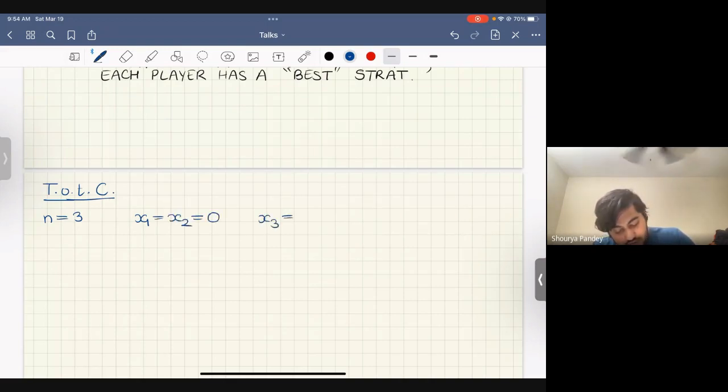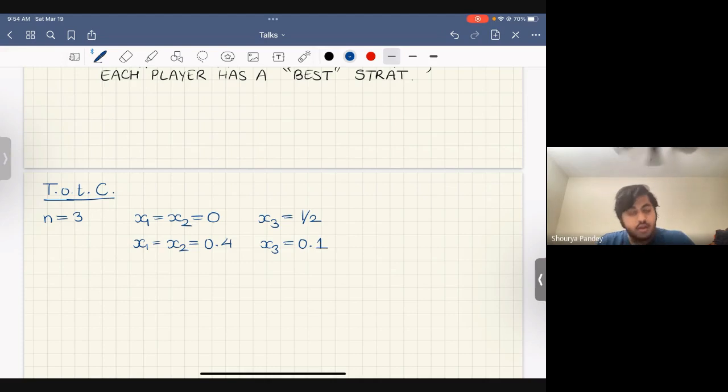It's best for x3 to pick half, because of the formula 1 minus s over 2 that we derived. But if x1 equals x2 equals 0.4, then it's best for x3 to do 0.1. And this is the unique best in each case. So this immediately means that we don't have a dominant strategy here.